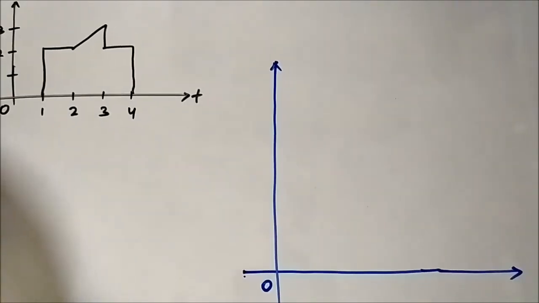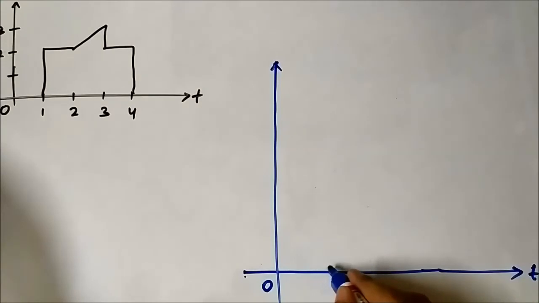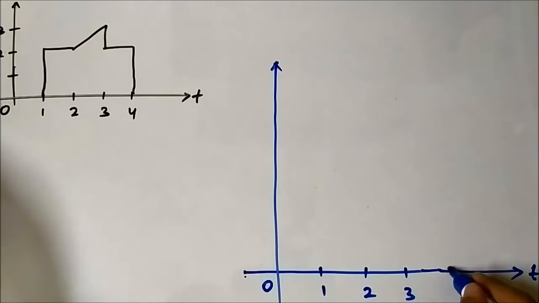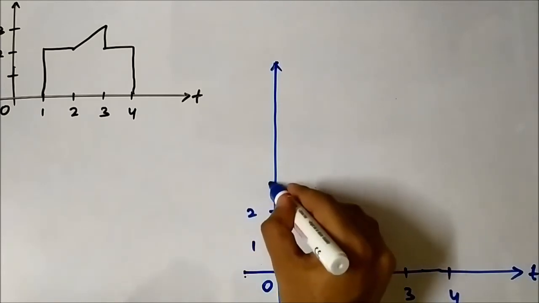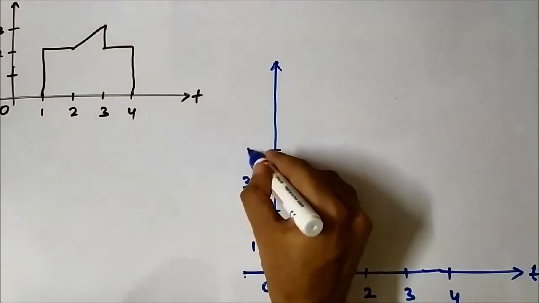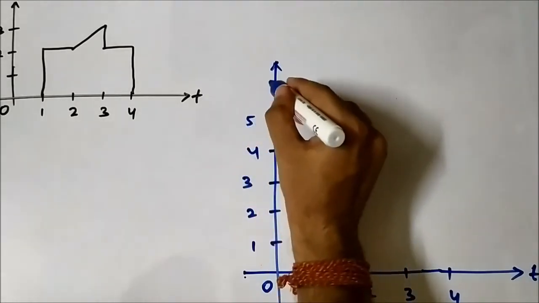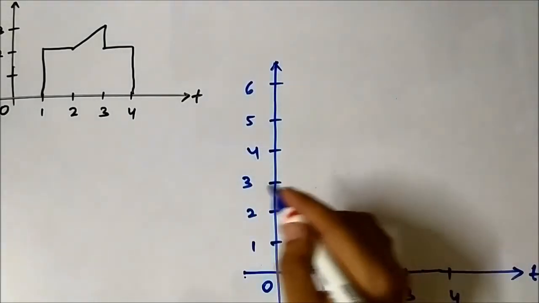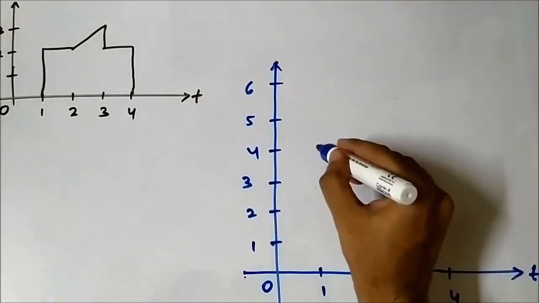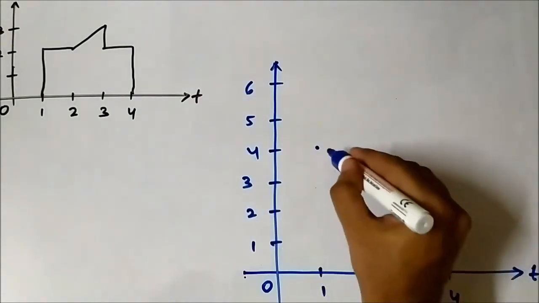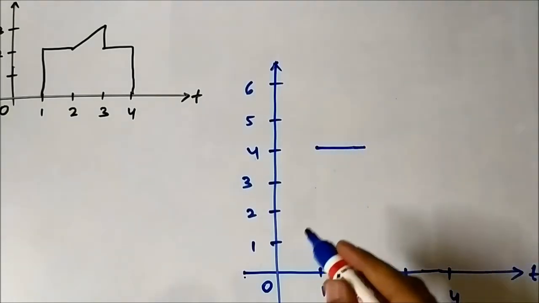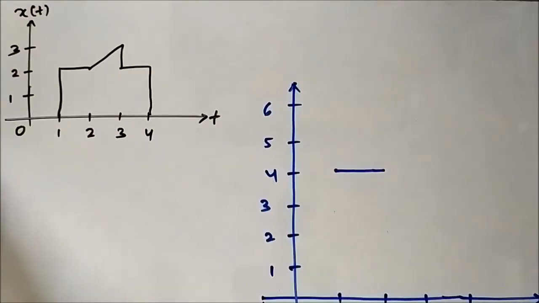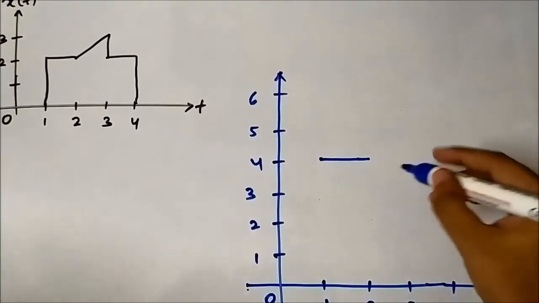This is the time axis. This is 1, 2, 3, 4. Here we double: 1, 2, 3, 4, 5, 6. At 1, here it is 2, so it will be 4. Also it is 4. Then it's increasing from 2 to 3 here, so here it will increase from 4 to 6.